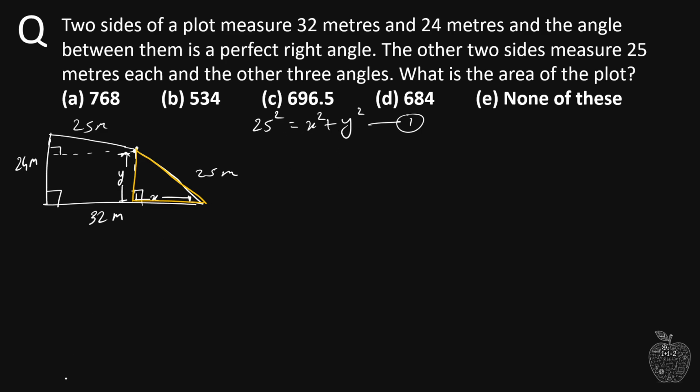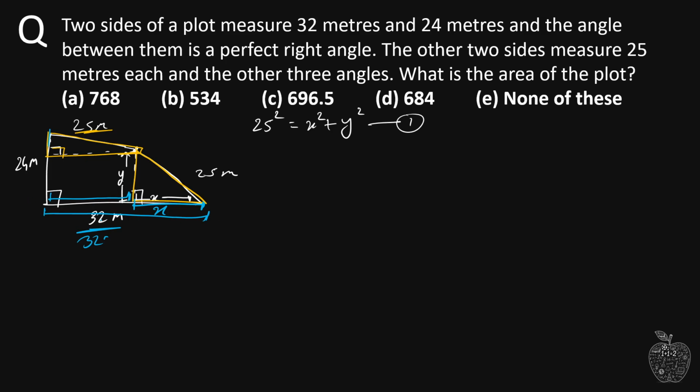This is equation 1. Now we'll focus on this triangle over here. This is also a right angle triangle, and this is the hypotenuse over here. Now if this entire side is 32 meters, and this portion is x meters, then what will this remaining portion be?